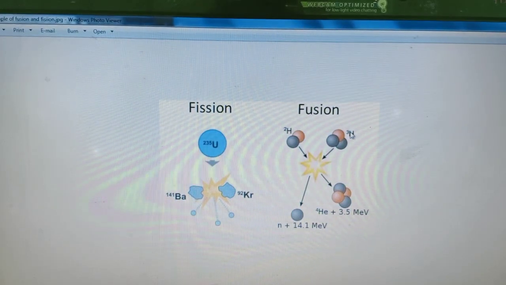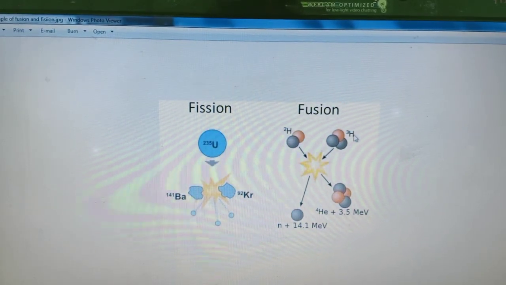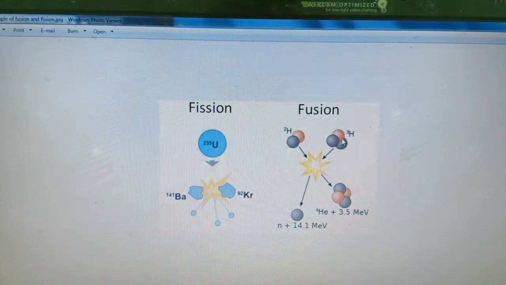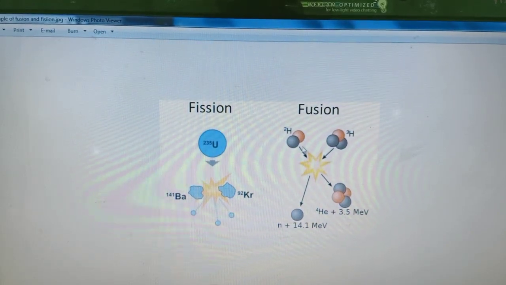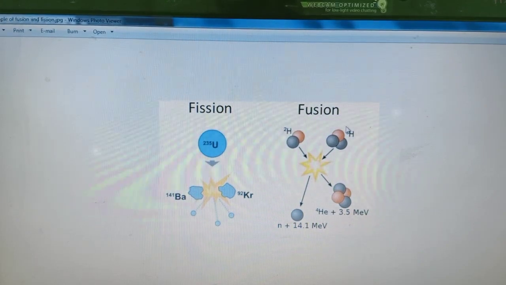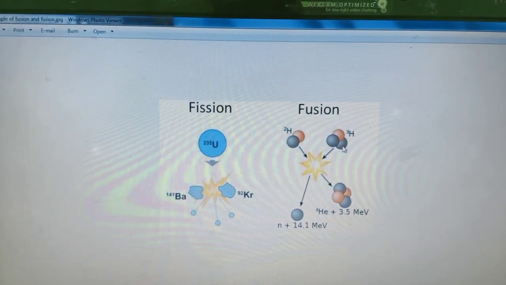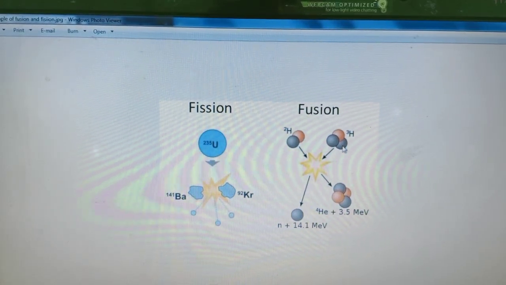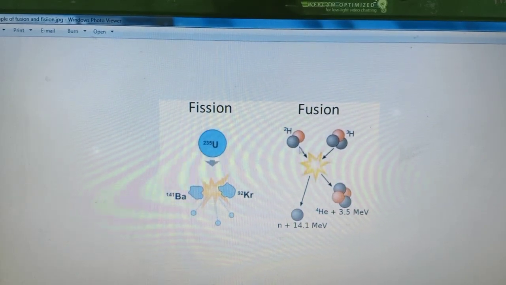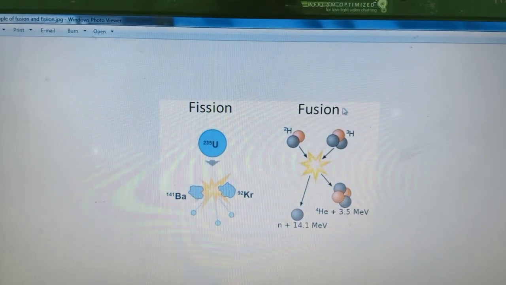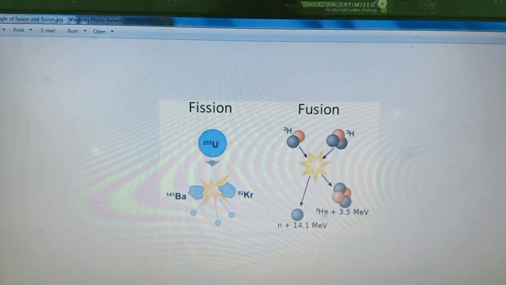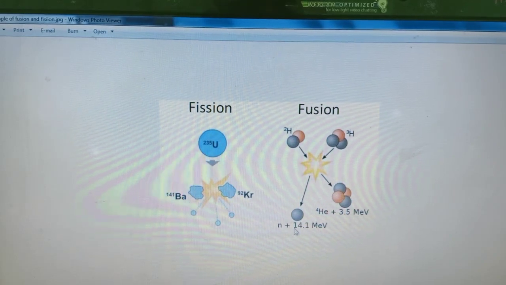Hydrogen-2 and hydrogen-3, deuterium and tritium, will combine. These two nuclei are not stable, so to make them stable, they need to do a fusion reaction. They need to join together, so they become helium-4 and also release one neutron.